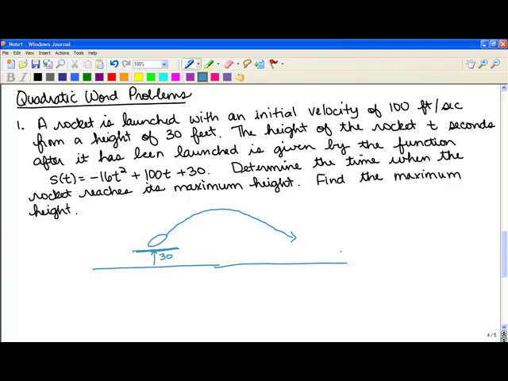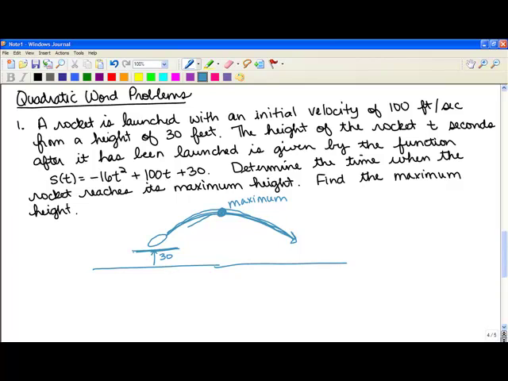So we'll have a shape similar to a parabola, and at some point it'll reach the maximum. So we need to figure out what the maximum is and how long it'll take to get there.